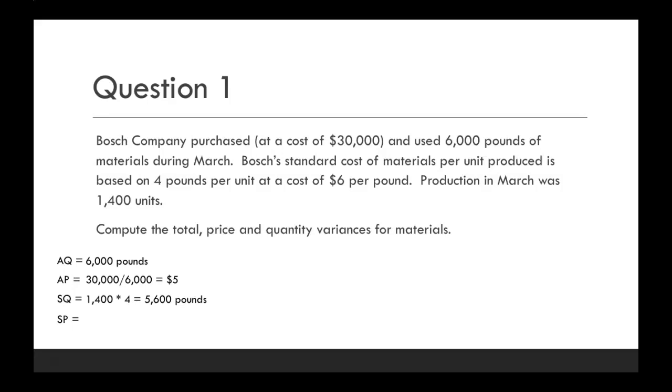So we are saying that if we went into the month expecting to produce 1,400 units, we thought we would use 4 pounds per unit, so we expected to have to use 5,600 pounds. So that's going to be our standard quantity, and then our standard price, that's our $6 per pound. That's what we would have expected to have to spend per pound of materials.